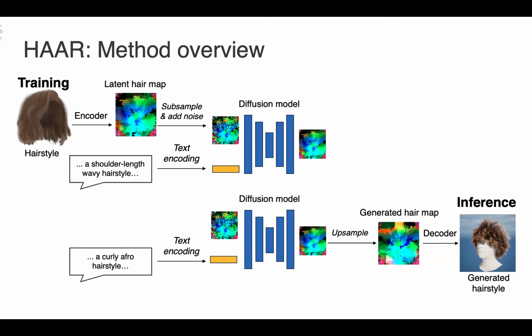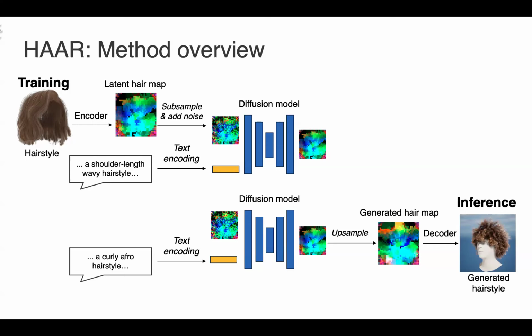So what we do here with Haar is we take strand-based hair models and we encode them into a latent hair map. This colorful thing represents the scalp of a person, and the strands are encoded in some representation, color-coded here in this latent hair map.